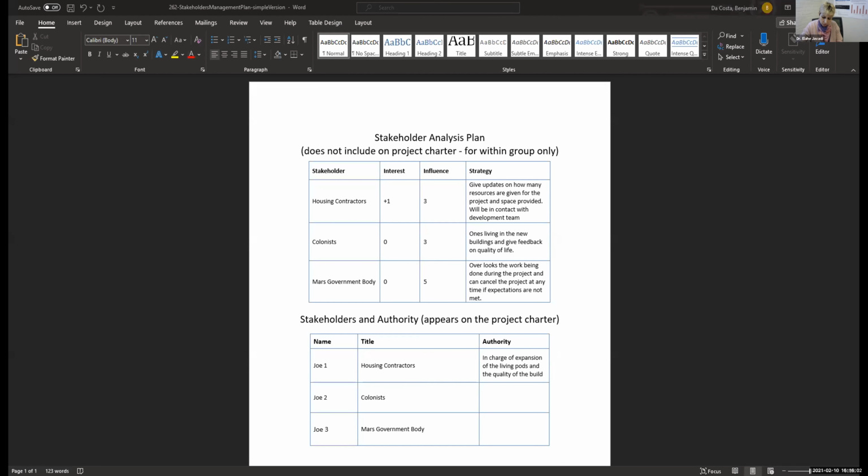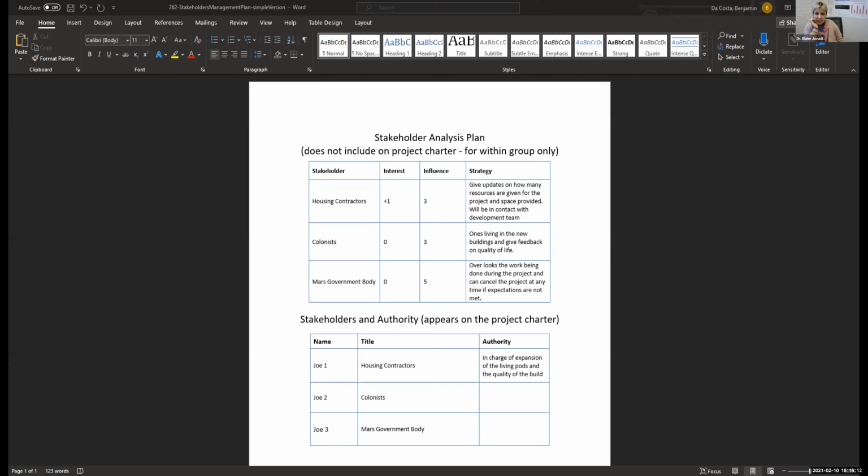All right, so we looked at a few. Maybe we look at two more. Benjamin, do you want to share? Yeah. Colonists, indifferent, and they have moderate influence.